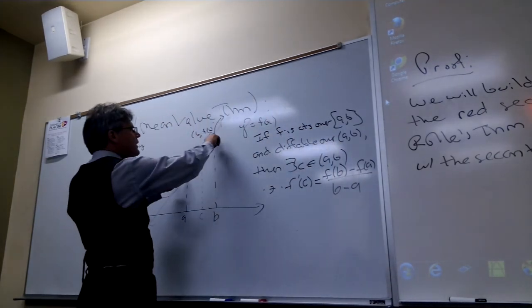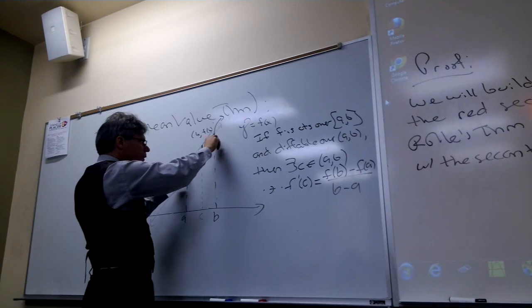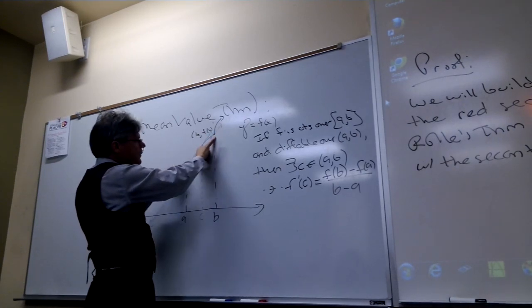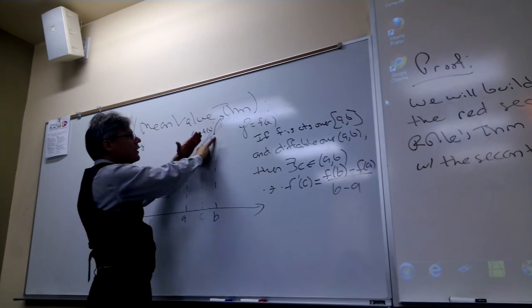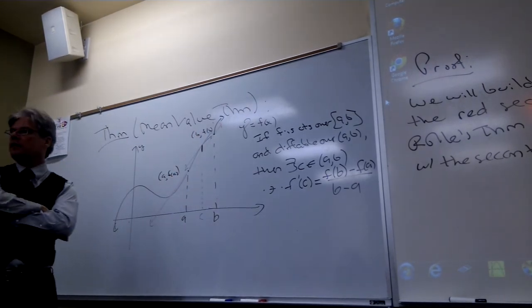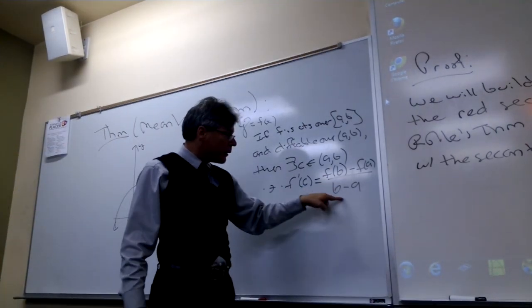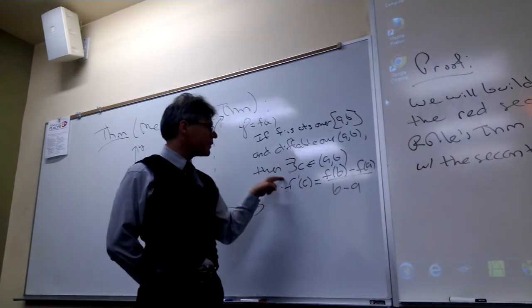Then the secant line through those two endpoints has the quality that there's another value of x in between for which the tangent line is parallel to that secant line. That, to me, is what this punchline says. Because this represents the slope of the secant line, and this represents the slope of the tangent line.